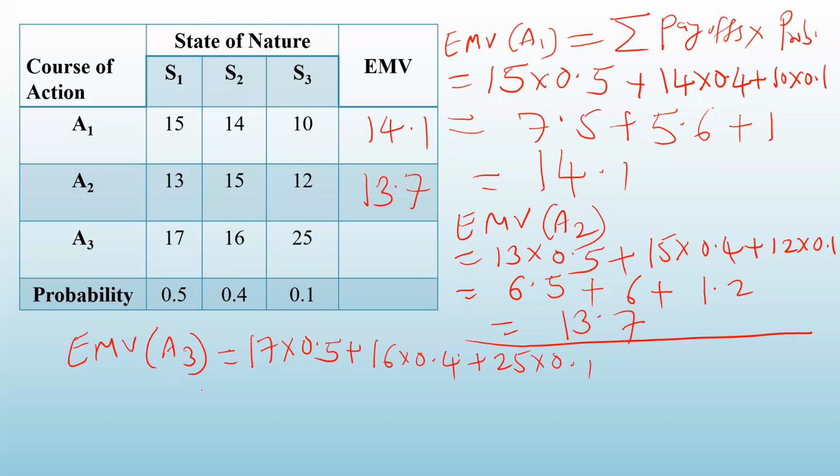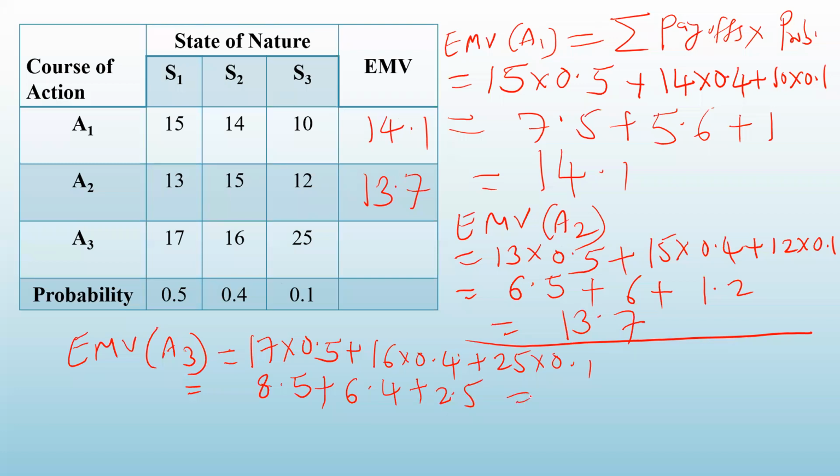Okay, so how much? 17 into 0.5, 8.5. 16 into 0.4, 6.4, plus 2.5.